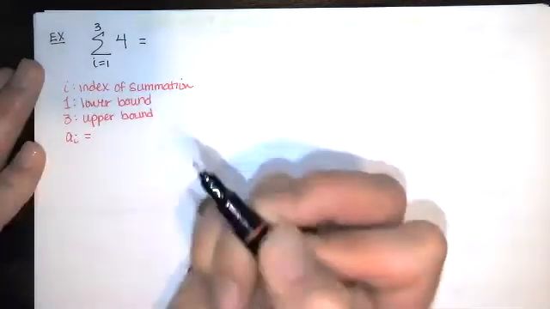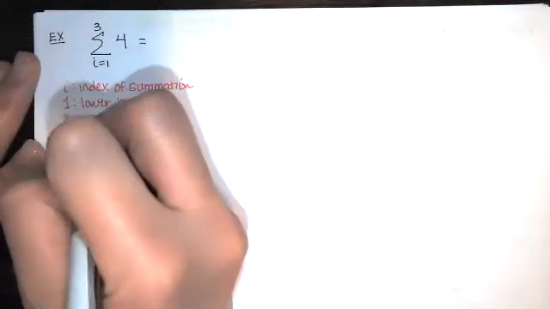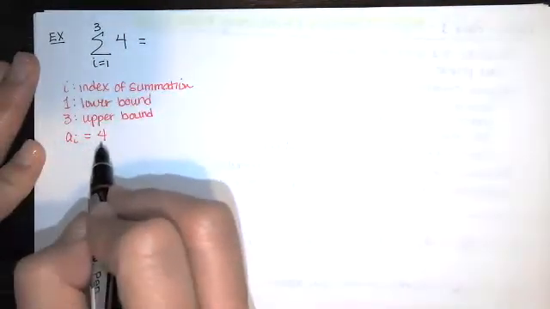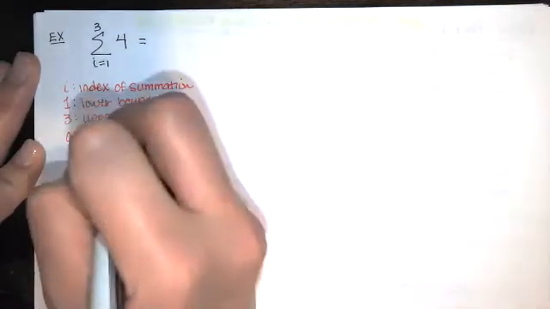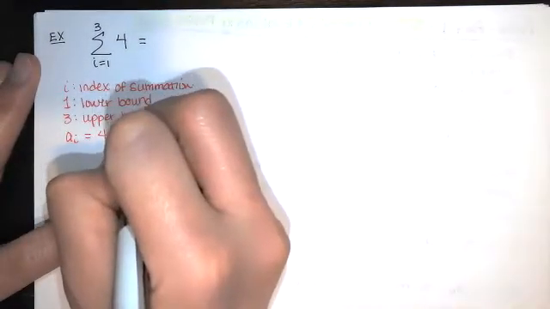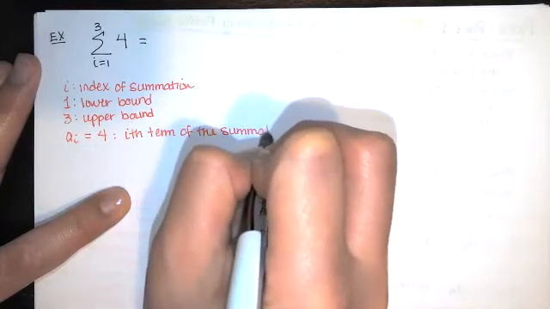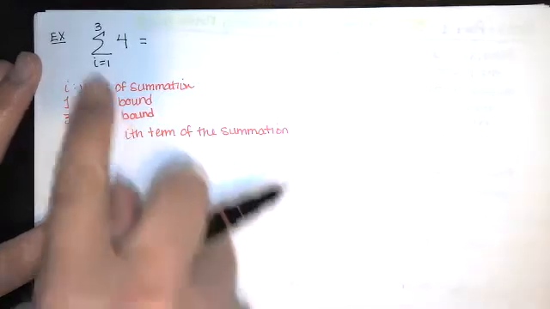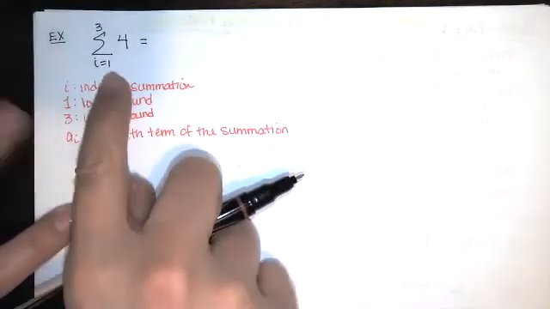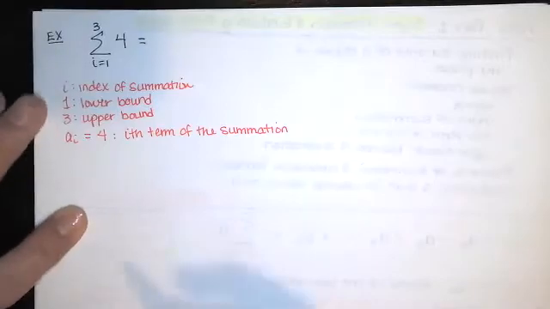And A sub I, that's the ith term in the summation, is 4. Notice that it does not explicitly depend on I. But when I expand this, I know I have to keep adding from I equals 1 to I equals 3.